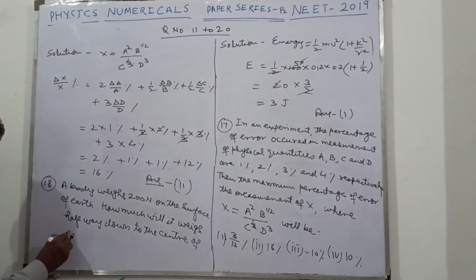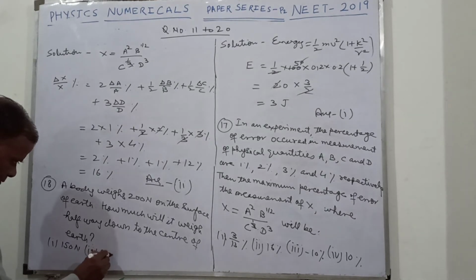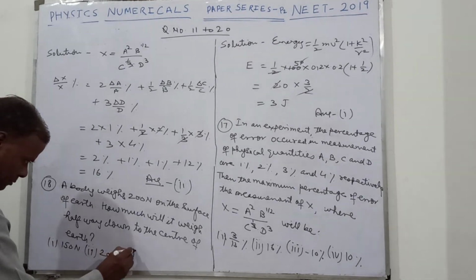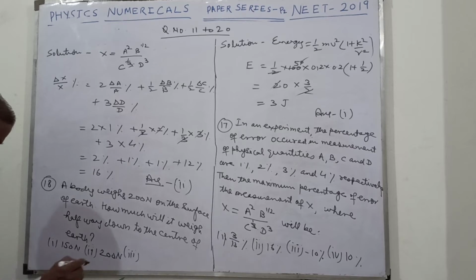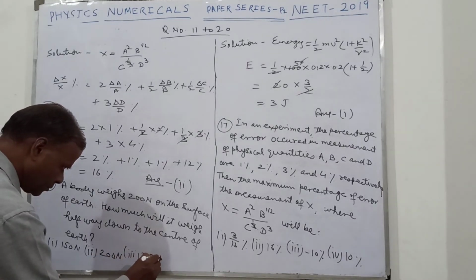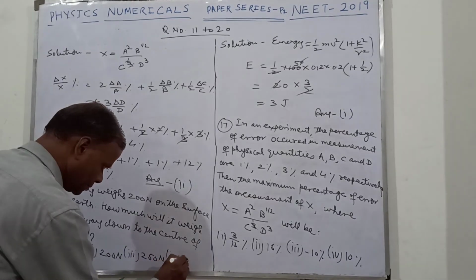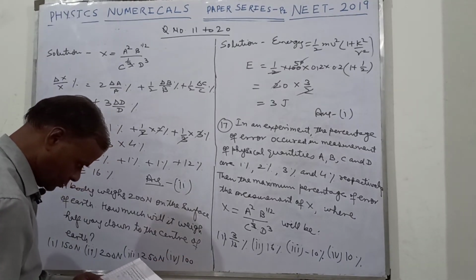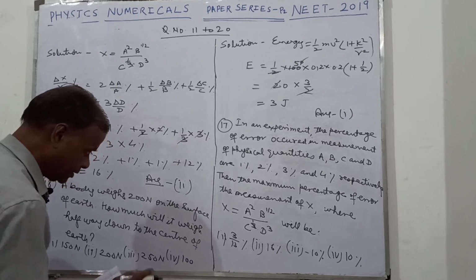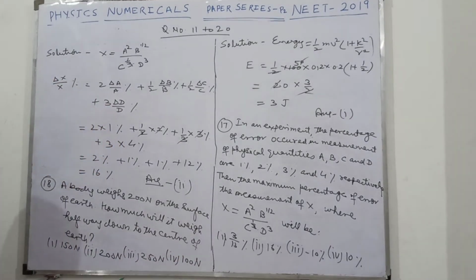Now your options are first 150 Newton, second is 200 Newton, third is 250 Newton, and fourth is 100 Newton. These are the given choices.